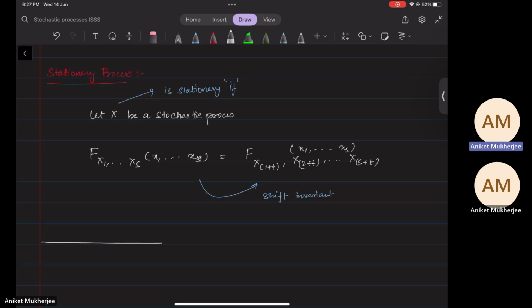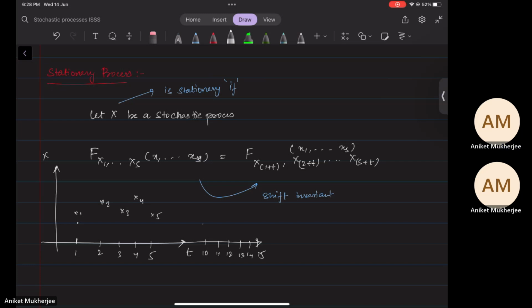Basically, if you draw a map, this is your index and the state space. If you have the time instances 1, 2, 3, 4, 5 and the distributions of x1, x2, x3, x4, and x5, these distributions are the same as the distributions at 10, 11, 12, 13, 14, 15.